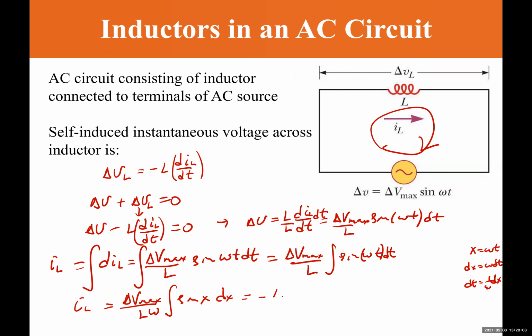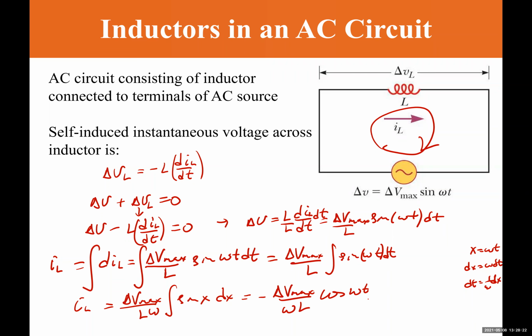So it'll be negative delta V max over omega L, then cosine, plugging omega t back in instead of x, so cosine omega t. That is the equation for the current.